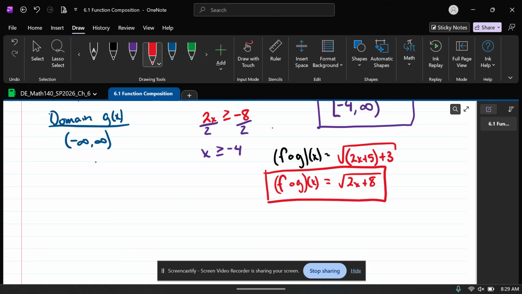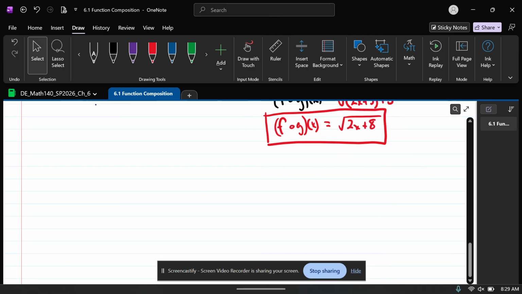I would get x is greater than or equal to -4. The thing you've got to watch out for is when your second function has restrictions. Okay, so let's look at an example where that happens and what that does to us.